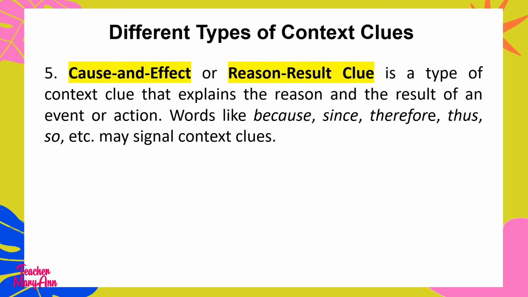Number 5, cause and effect or reason-result clue. It is a type of context clue that explains the reason and the result of an event or action. Words like because, since, therefore, thus, so, and the like may signal context clues.